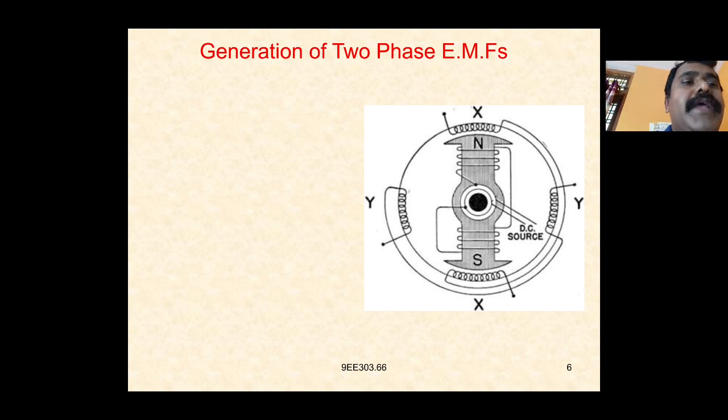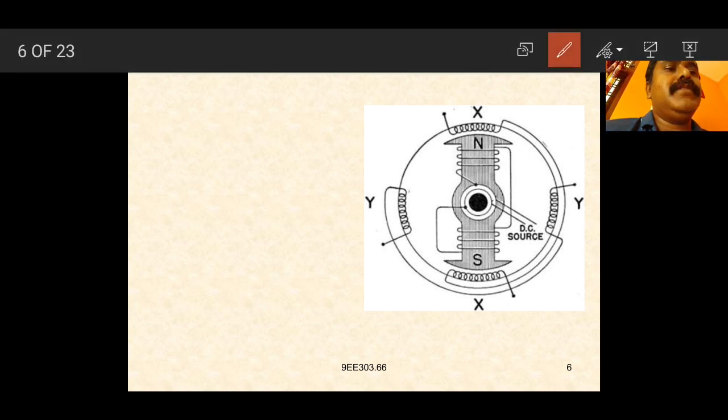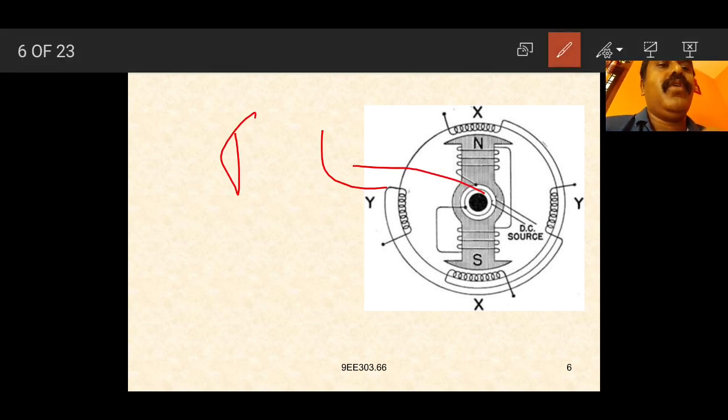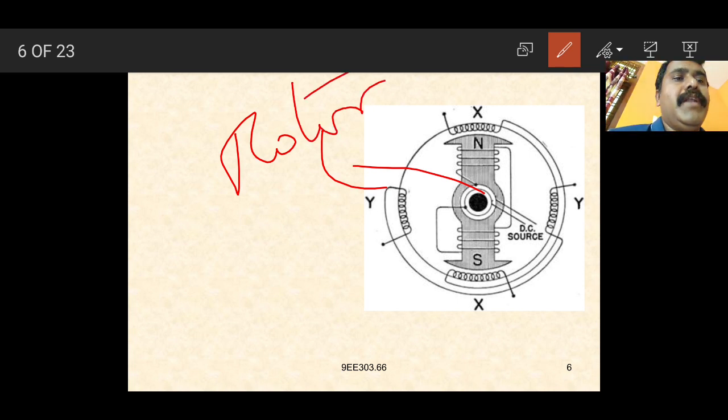Whenever the supply passes through the windings, the flux is set up and some force is established there. Therefore the coil moves. This coil we can call the rotor, and on the rotor the coil is arranged, or we can say the armature.